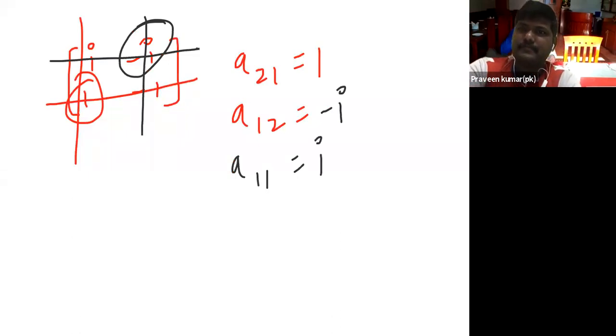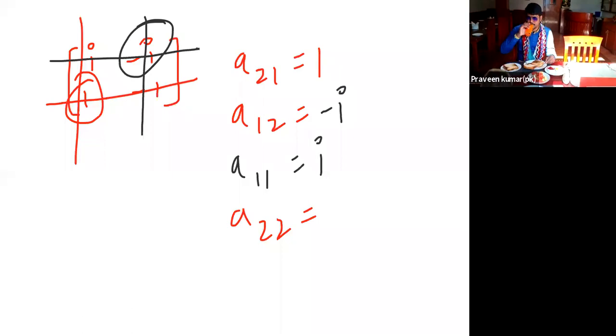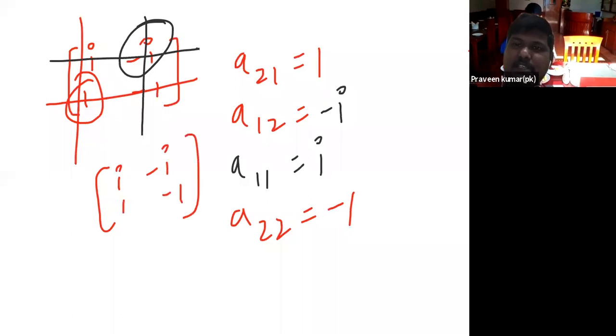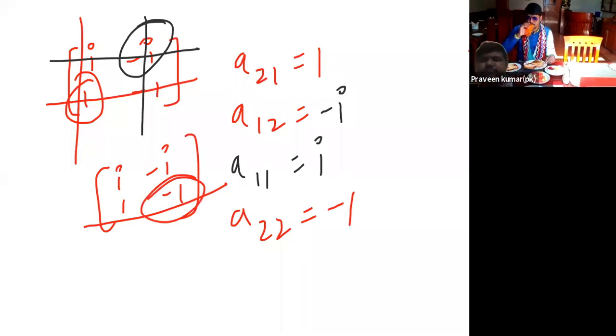Good. What is A22? Second row, second element. Second row, second element. -1. Perfect. So the given matrix 1 minus 1, 1 minus 1. This is the second row. This is the first element, this is second element. This is second element to -1. Like that. Understand? Write this one. Good, correct. I think students who came late also, you are following.